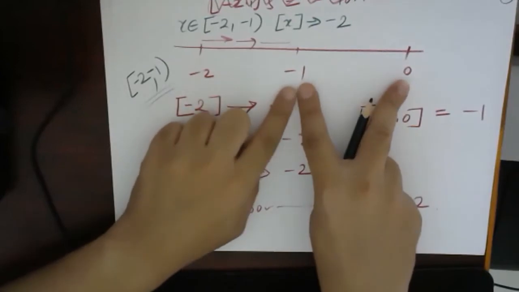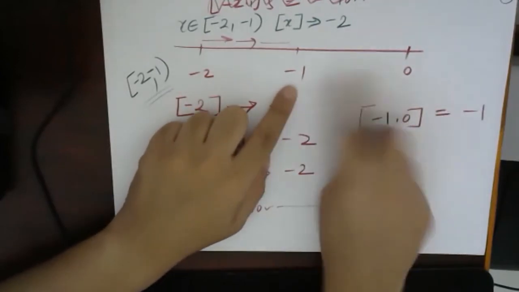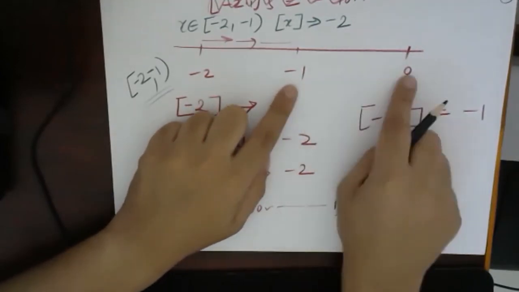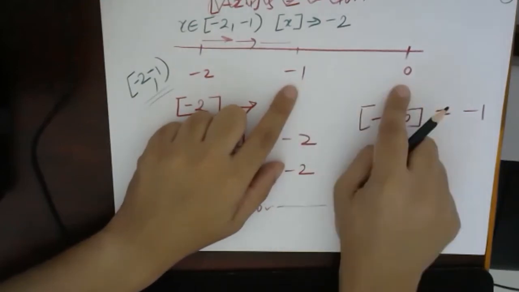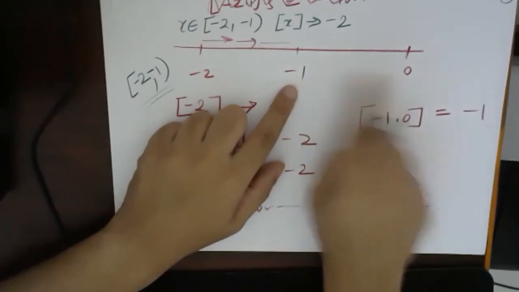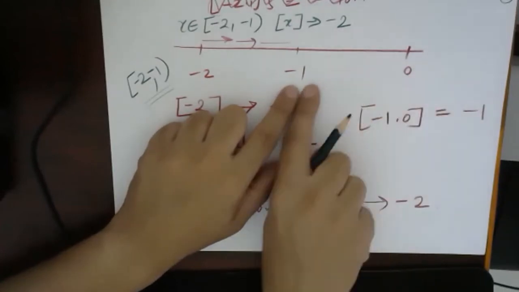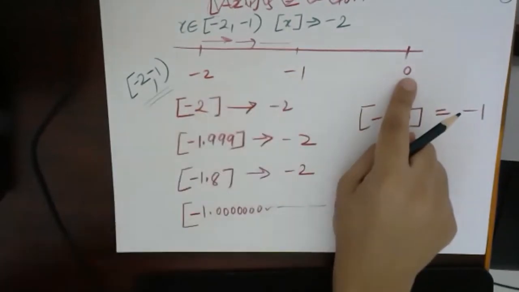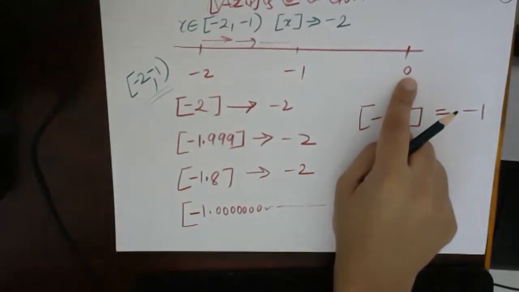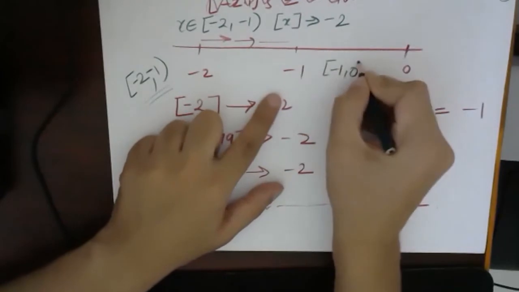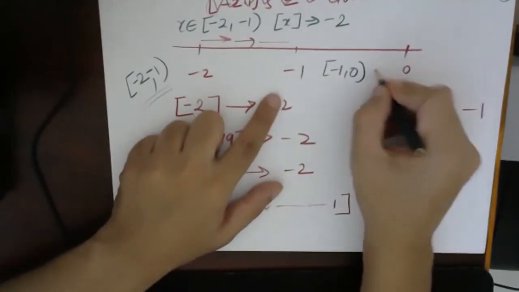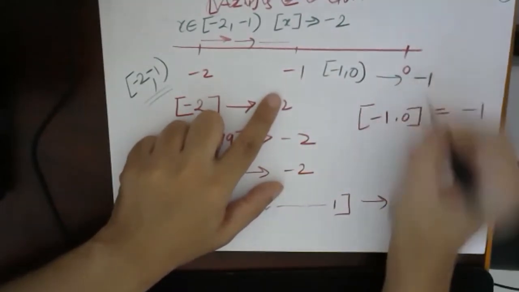So between minus 1 and 0, what will we get as the greatest integer? Minus 1. So from minus 1 to 0, the greatest integer function gives minus 1.